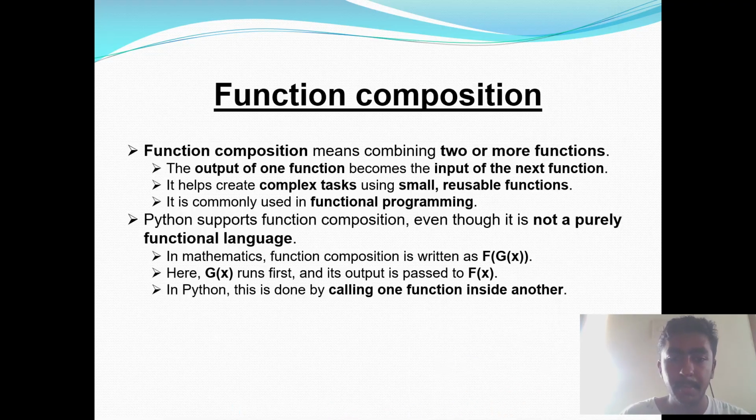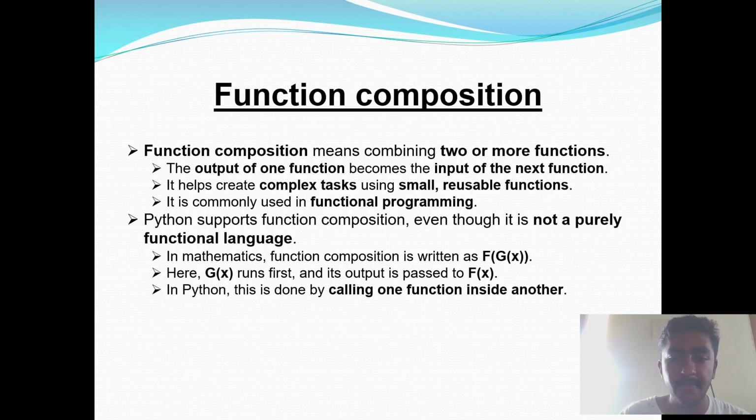This PPT also mentions that in mathematics, function composition can be written as f of g of x. Here, g of x executes first and its output is passed to f of x. Suppose g of x is equal to x multiplied by 2 and f of x is equal to x plus 5.